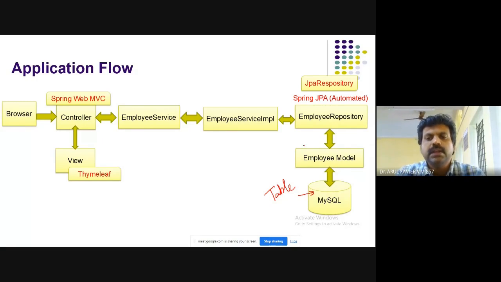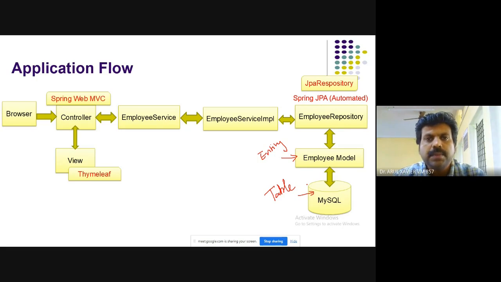Then we have to create a Java class with respect to the table. If you are creating an employee table, you have to create a Java class here. This class is called an entity. There is an annotation called @Entity. Using @Entity, we mark that class as an entity class, and it will map the class with the table.